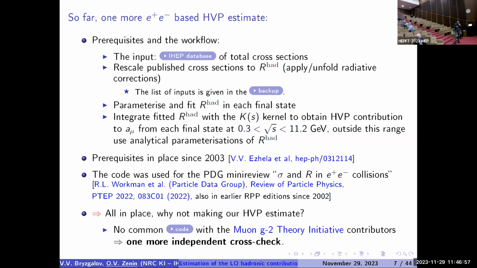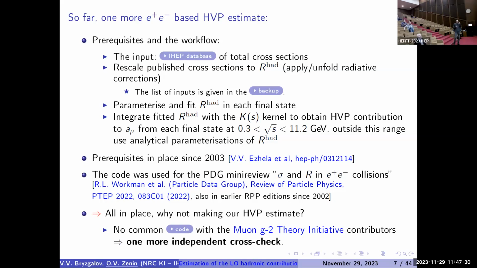I've just briefly listed the ingredients of our estimate. On the input, we have a database of total hadronic cross-sections. We uniformly rescale them to the so-called hadronic R ratio. The list of input data is given in the backup.